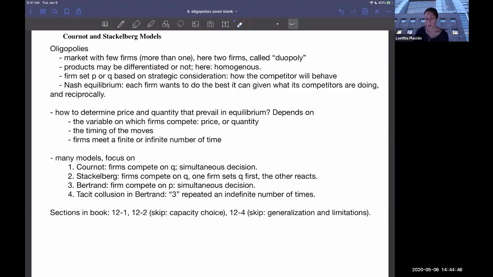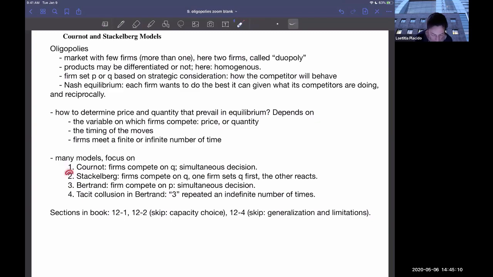Given that I expect that my opponent is choosing quantity QB, I'm going to set quantity QA. In Cournot competition, the decisions will be simultaneous. Both firms are going to decide at the same time. So that's the first model we are going to cover.